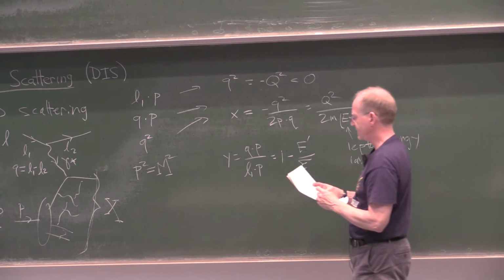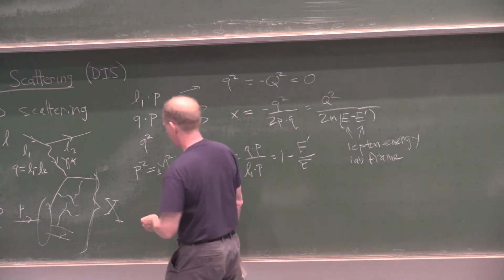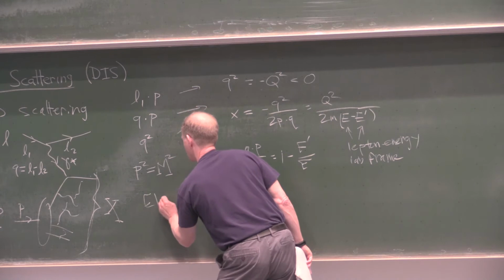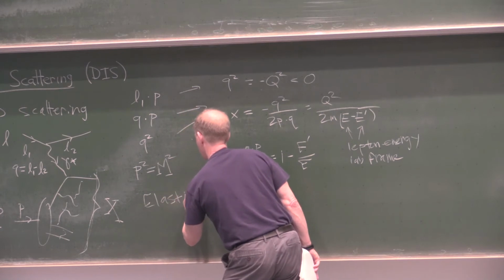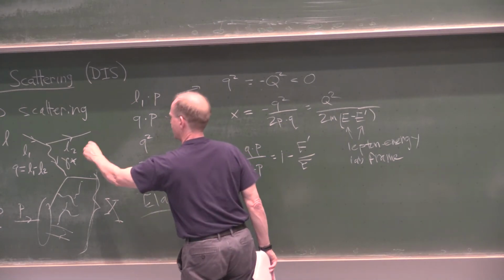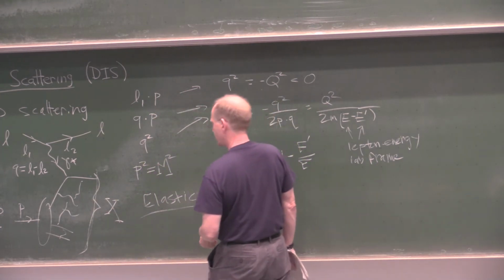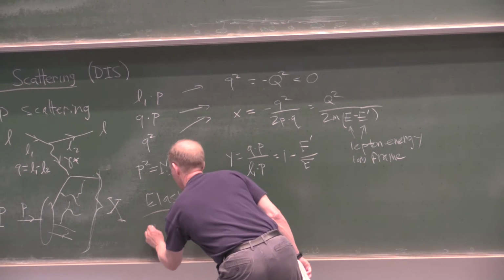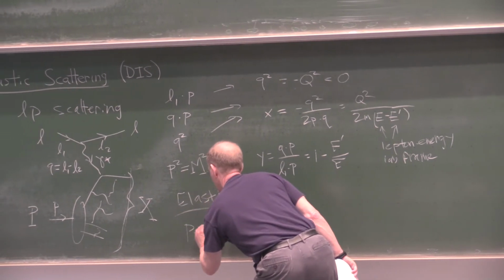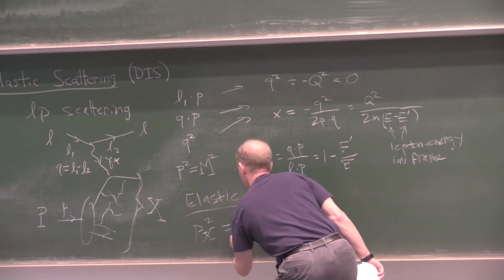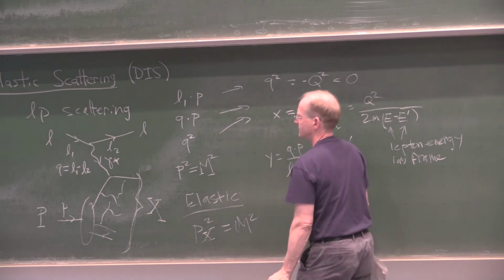So if we did elastic scattering, that would mean that the final state would just be this lepton plus a proton, and that would correspond to P_X squared equals m squared.